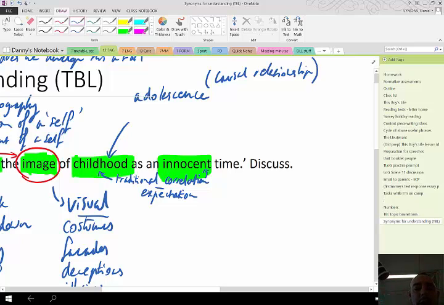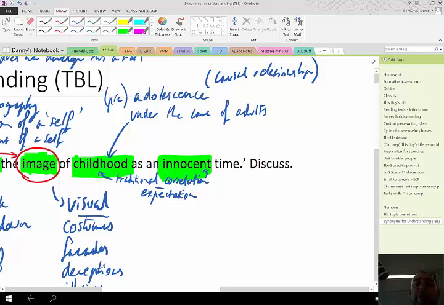Okay, so what else am I talking about with childhood? We could talk about pre-adolescence there, or adolescence itself. I'm talking about a time where he is under the care of adults.